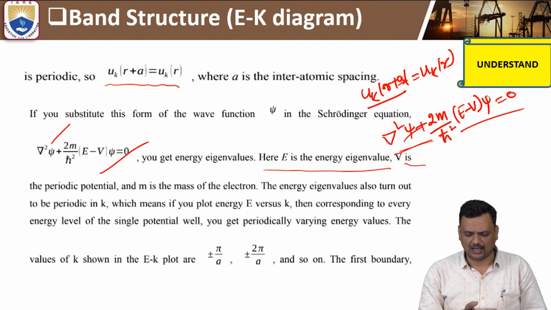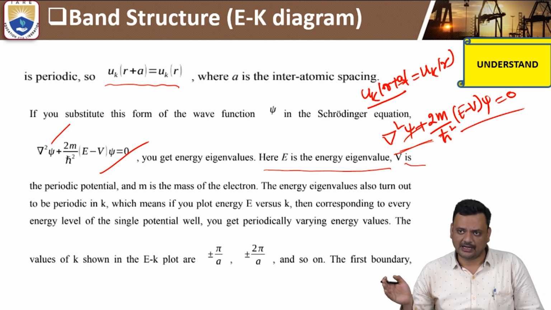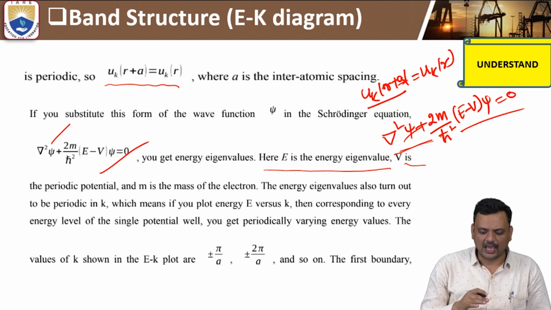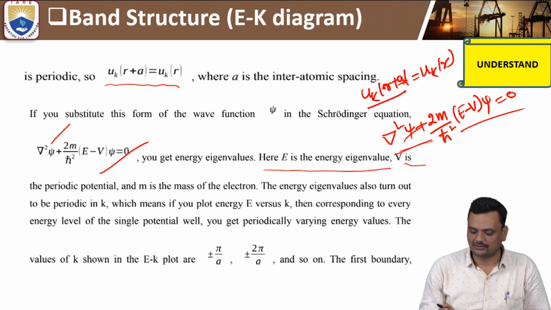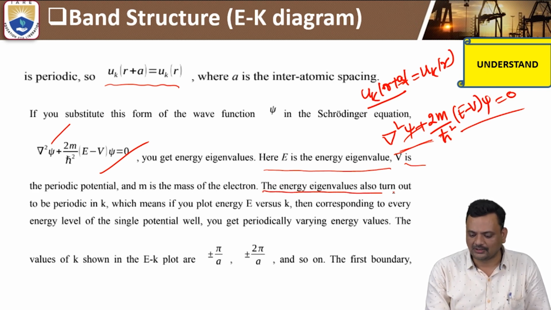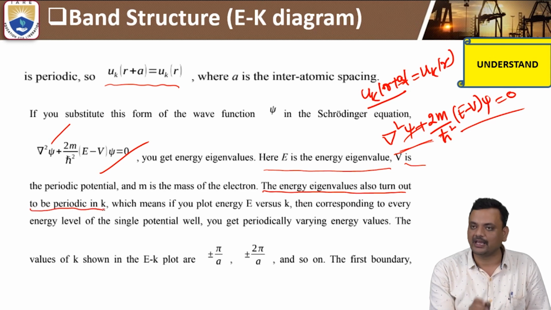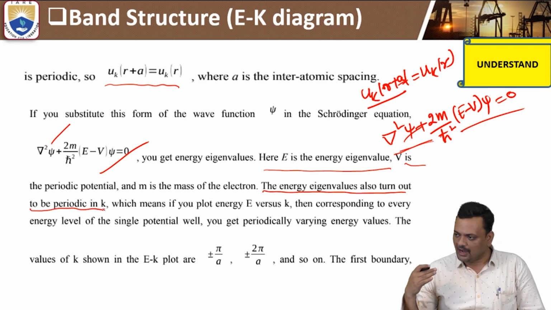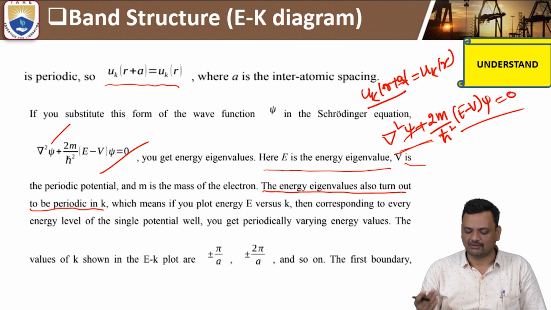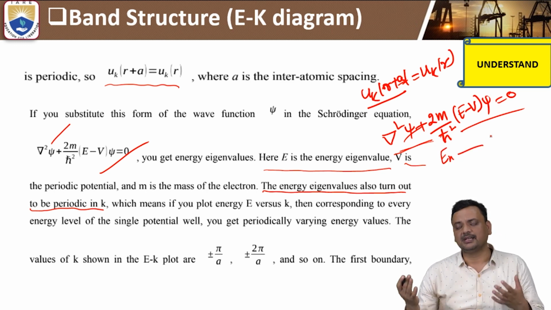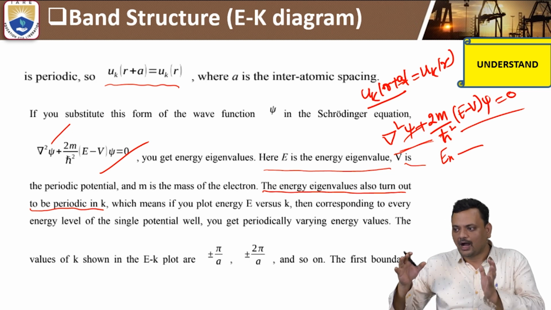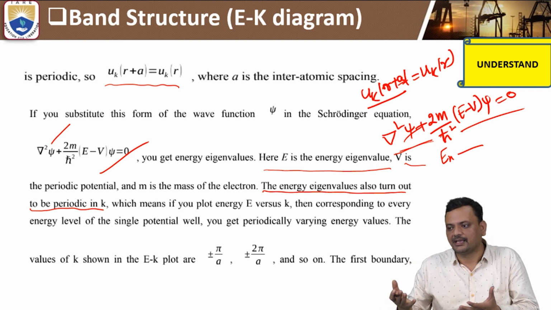V is the periodic potential, already considered inside the lattice, and m is the mass of the electron. So the energy eigenvalue also turns out to be periodic in k. After solving the Schrodinger equation, whatever the energy value you get will also have some periodic nature.